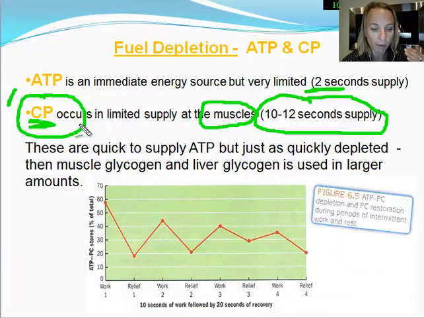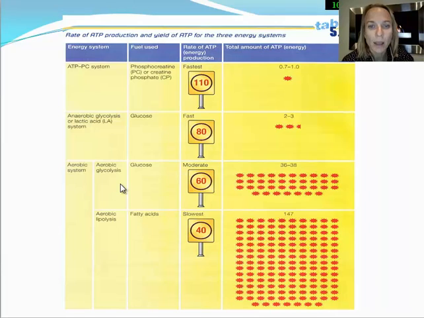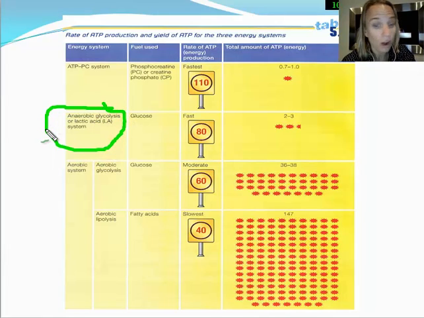So for this particular energy system, ATP-CP, the biggest fatigue factor here is when we run out of fuel. So what does that mean? This means that when we no longer have PC available to use for ATP production, it means that we then need to get our ATP from our anaerobic glycolysis system, particularly when we begin exercising, because we're in oxygen deficit, therefore we produce energy anaerobically.